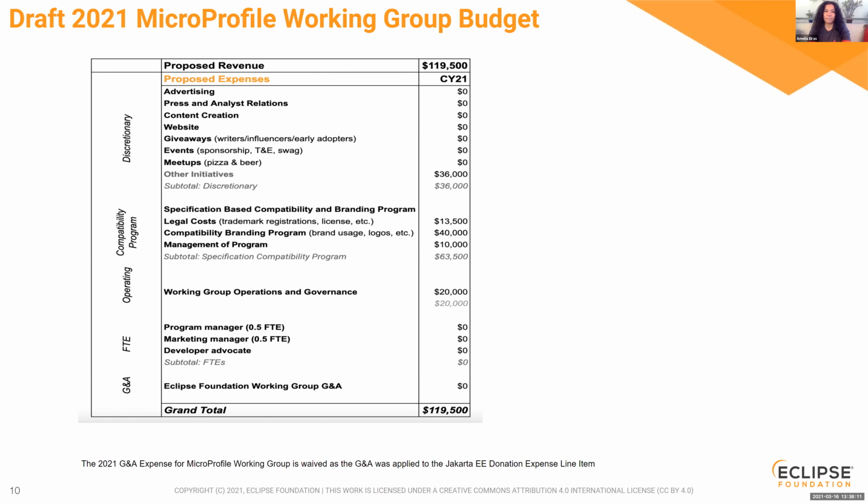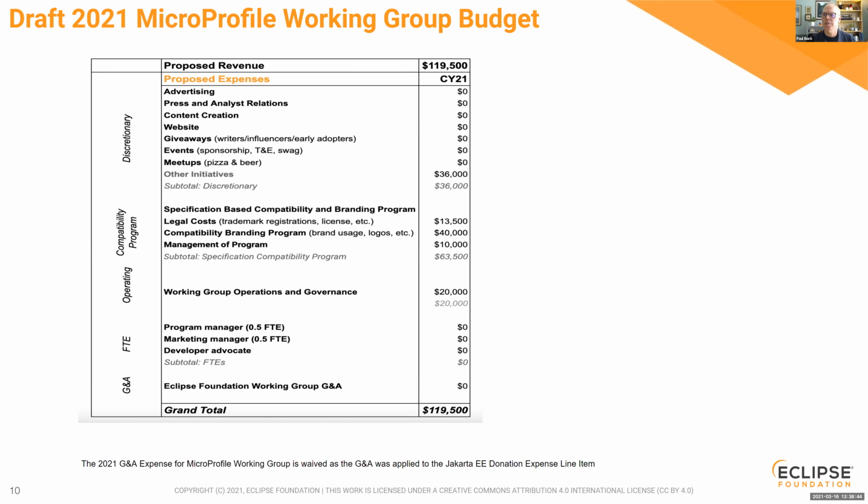Please. Yeah, so the previous slide does have the area of focus, and for the compatibility and branding, it would be helpful to understand what the program is you have in mind. Because as best I know, there's no artifact that I can point to where I can understand what the compatibility and branding program is that the working group intends. So I'm just aware that there's been discussions about a profile, but there is not yet a profile.